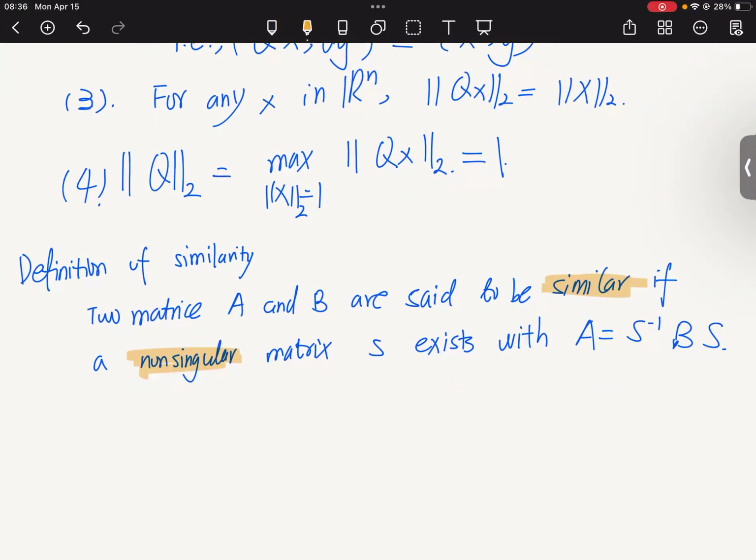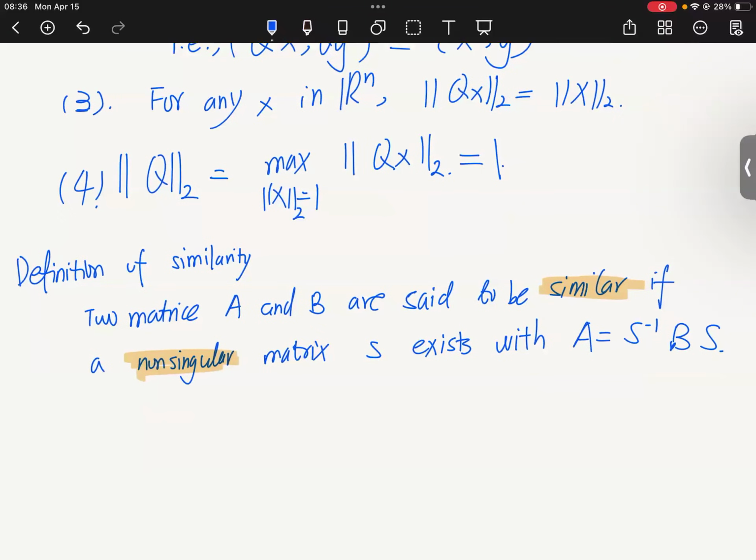But we have theorems about the eigenvalues and eigenvectors for similar matrices, and this is something we make use of. This property we are going to use in the derivation of one of the algorithms later on.